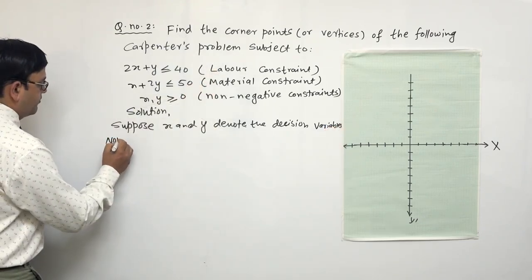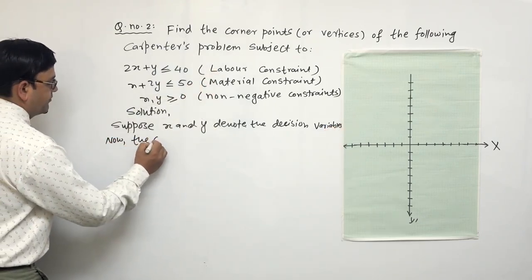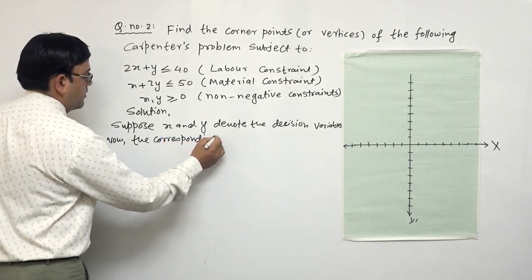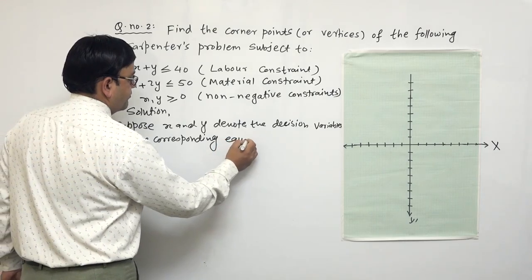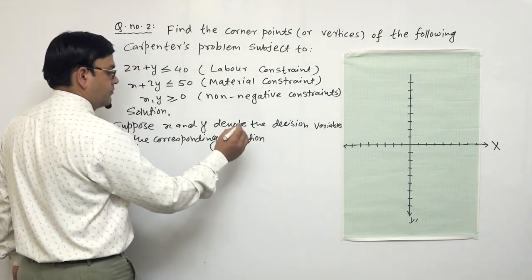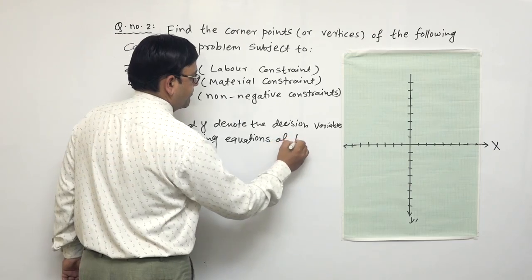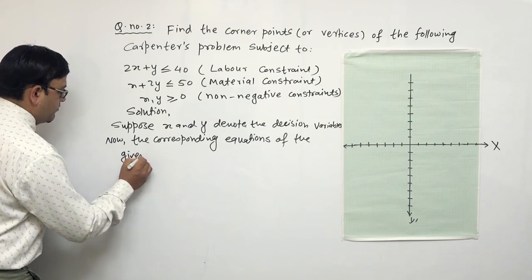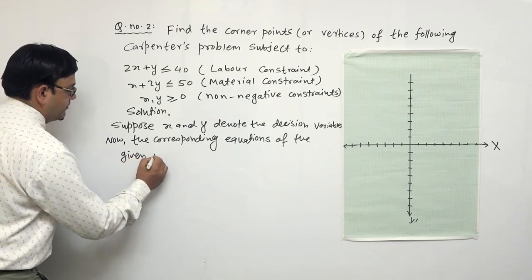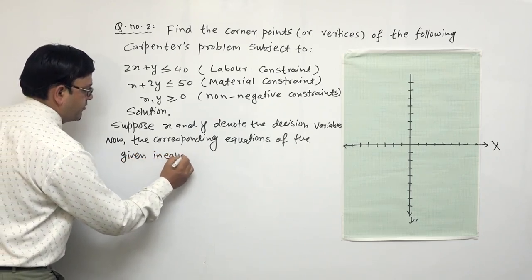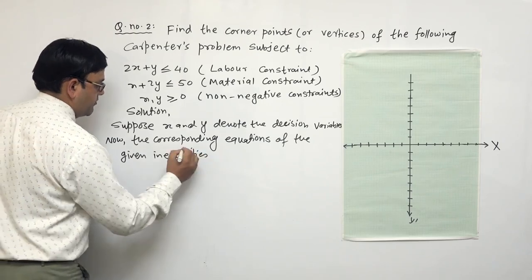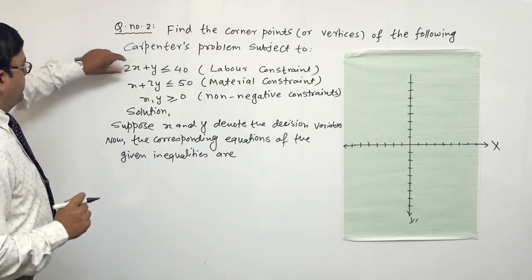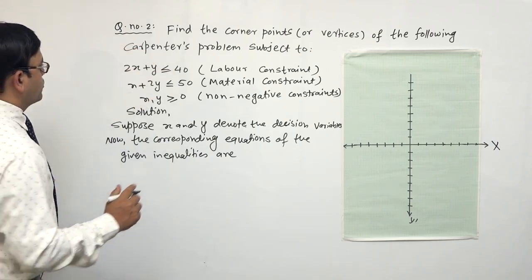Now the corresponding equations of the given inequalities are, students, here 2x plus y is less or equals to 40.